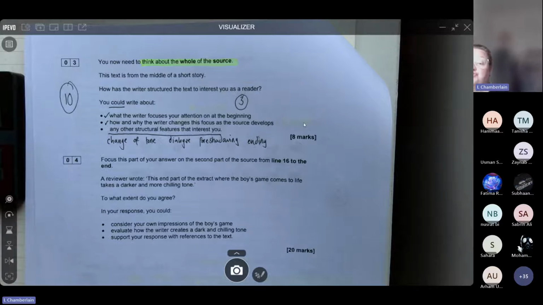Now, for this question, you really don't have huge amounts of time. So you will have read the text a couple of times, and you will have obviously looked at question 2 in more detail. And what you want to make sure is that you know very clearly what you're going to write about.